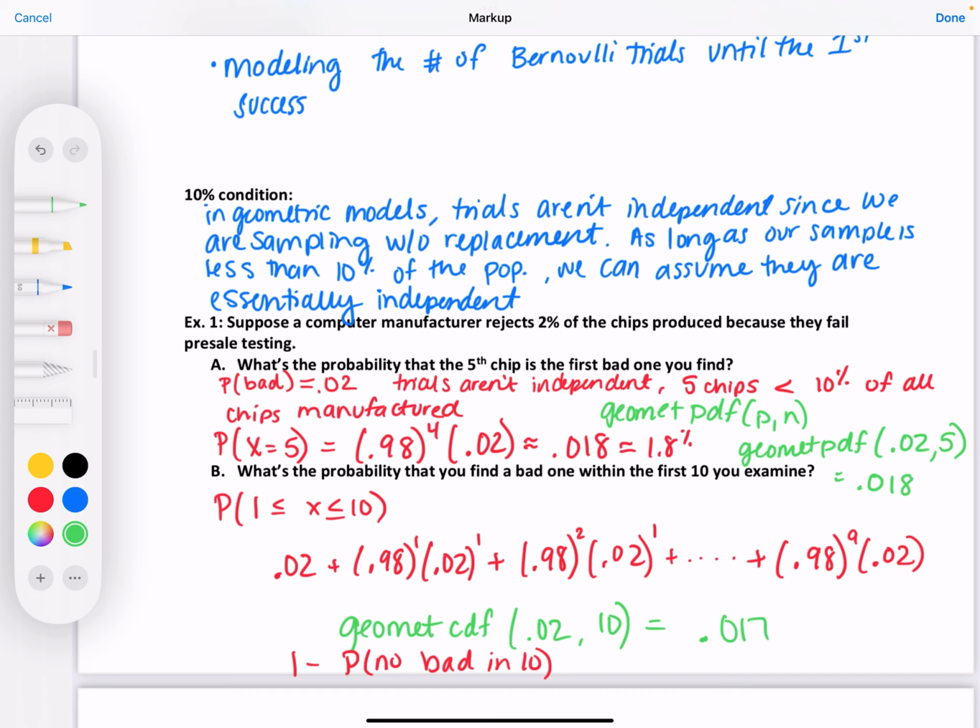Check. I have that it should be 0.183-ish, but that could also be wrong. I could have had it written down wrong.